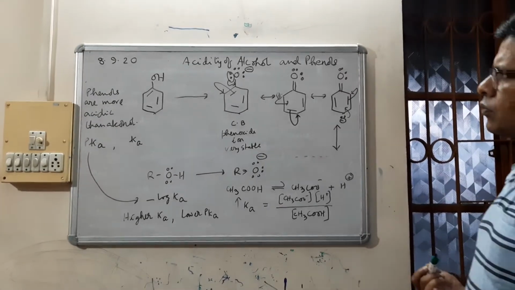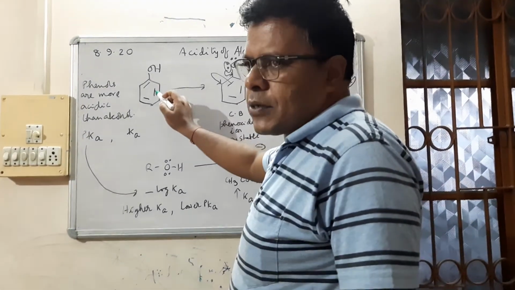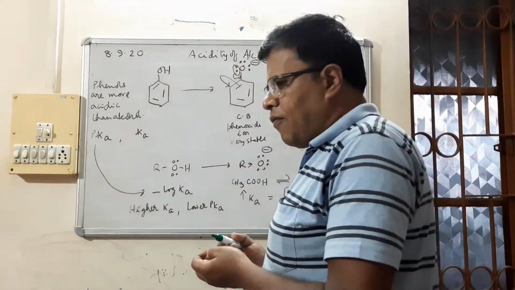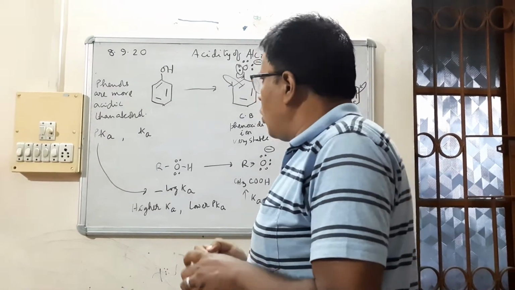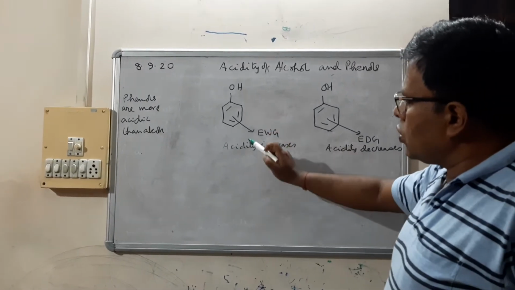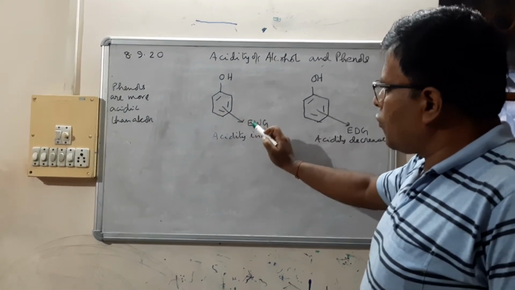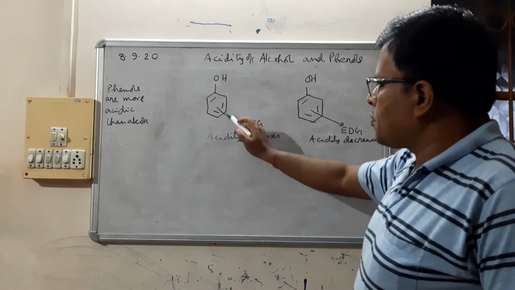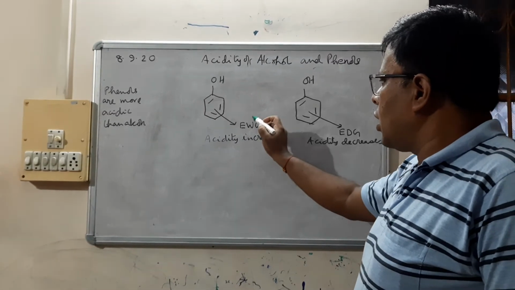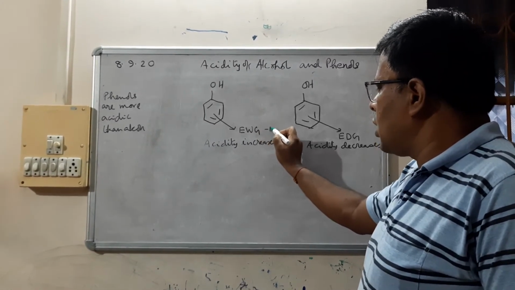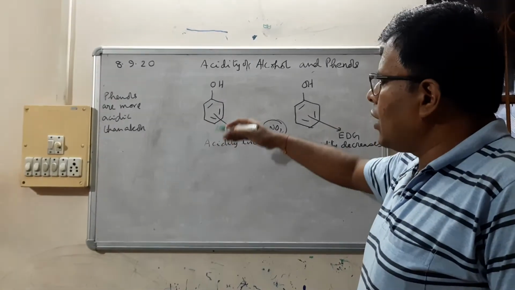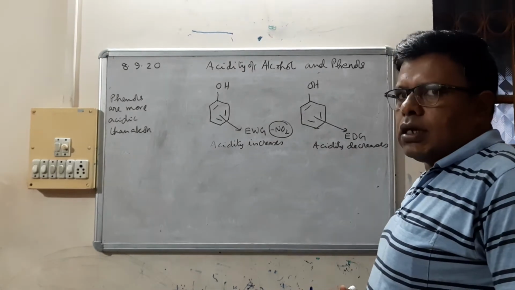Okay. Anyway, now what is the effect of substituent on the acidity of phenol? That we have to understand. You see, if in phenol there is an electron withdrawing group, one example of an electron withdrawing group is the NO2 group. If the NO2 group is present on the ring, then the acidity of this compound is going to increase.